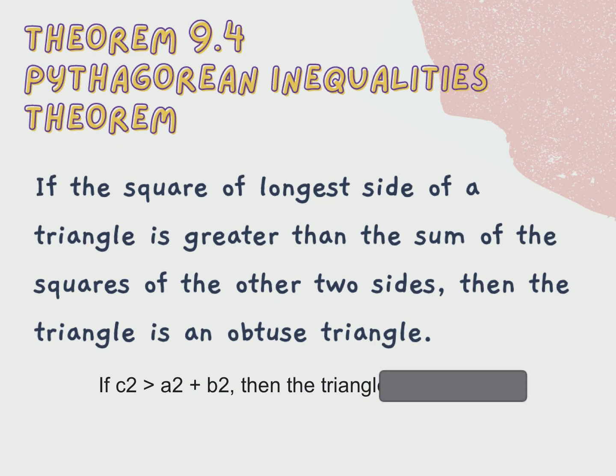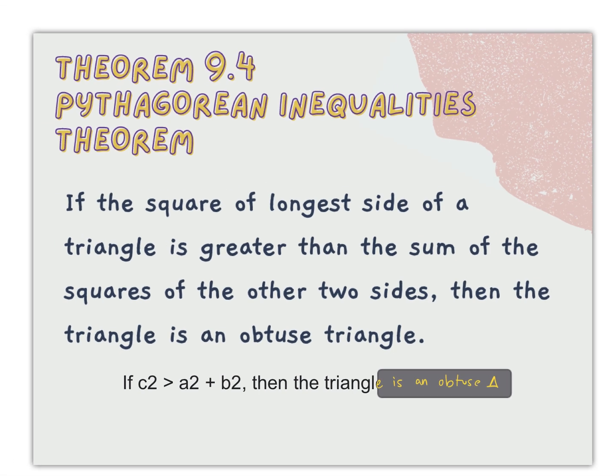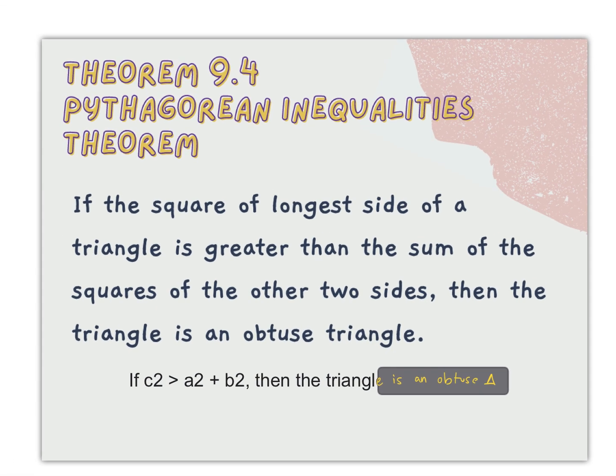And if c squared is greater than a squared plus b squared, then the triangle is an obtuse triangle. Again, we can use these inequalities to tell whether a triangle is right, and if it's not right, what kind of triangle it is.